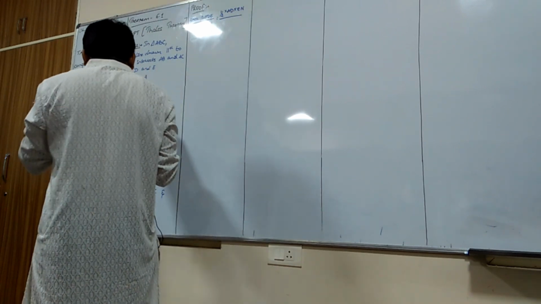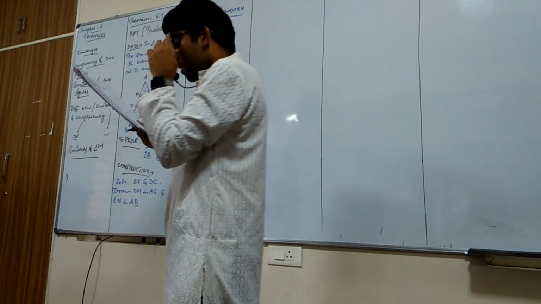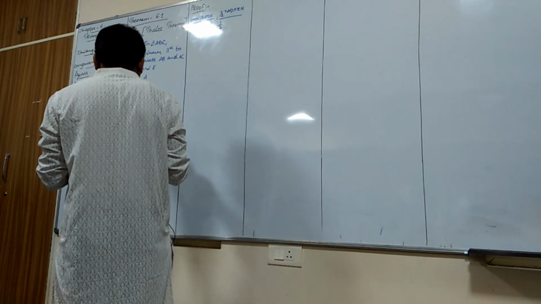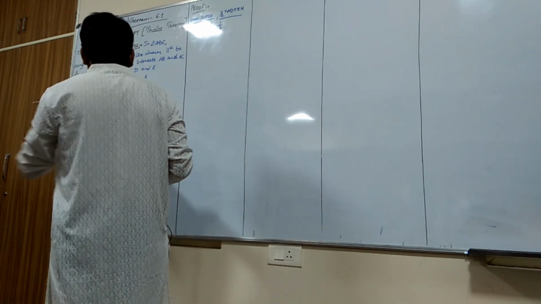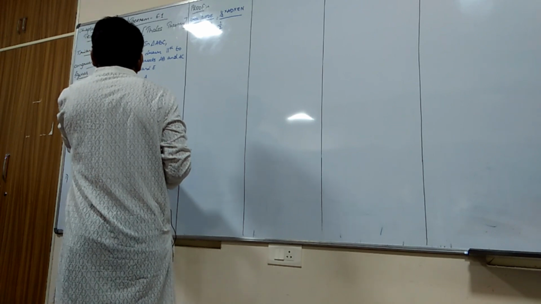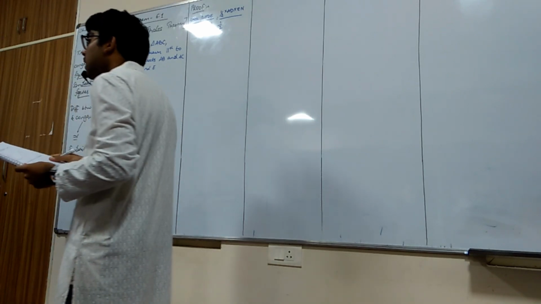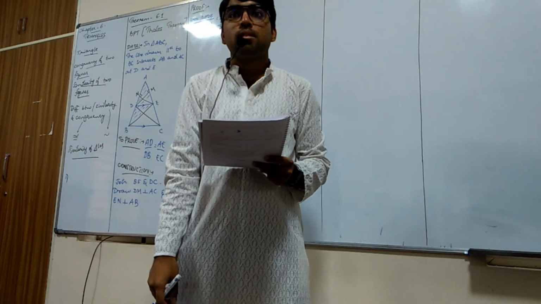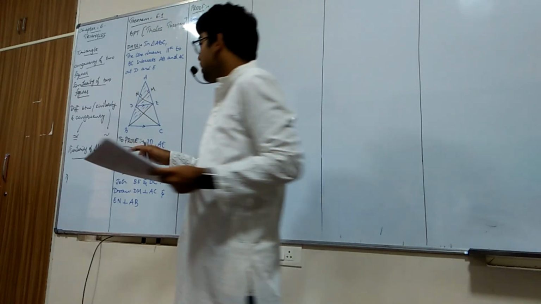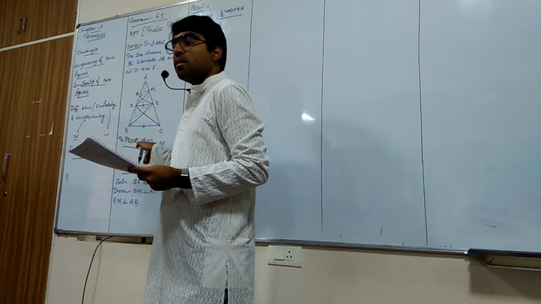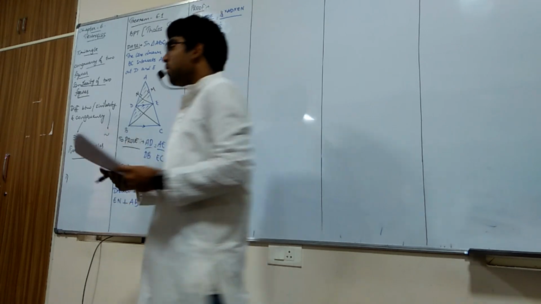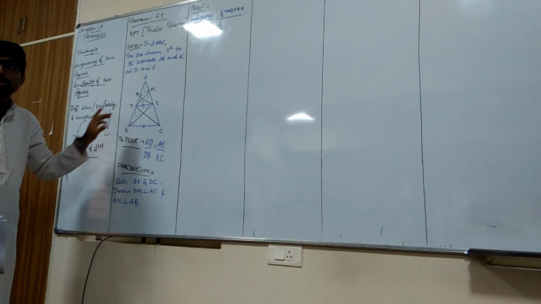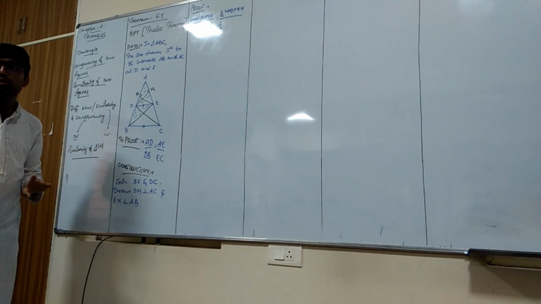Divided by half into base. What is the base? We take this as the base, so the next base should be this, right? Because we have to prove the ratio AD by DB. Are you getting the idea? What are we supposed to prove? AD by DB. If you are taking AD as the base for this, the next triangle you have to take DB as the base because you have to prove that ratio.